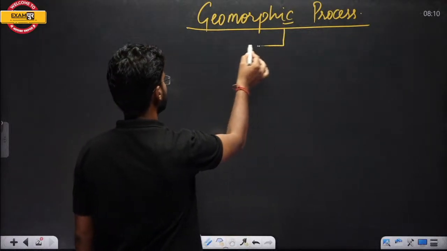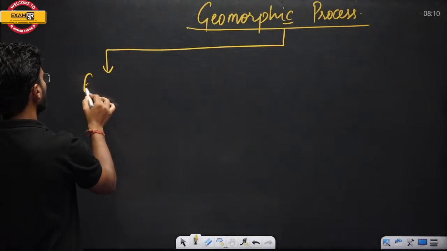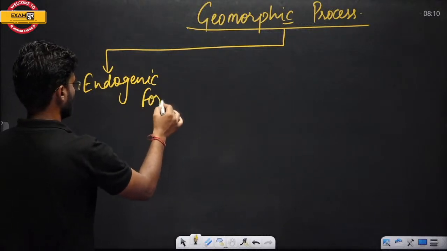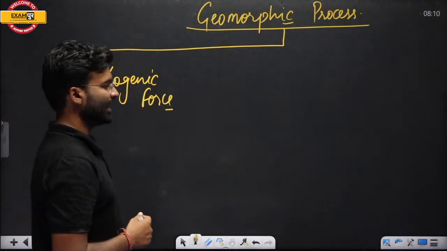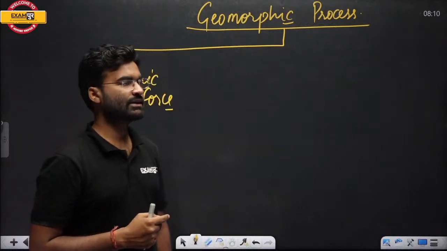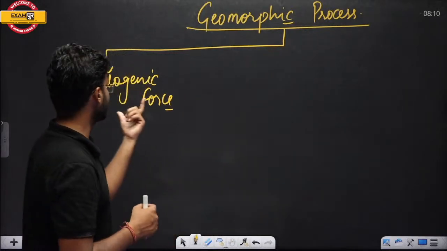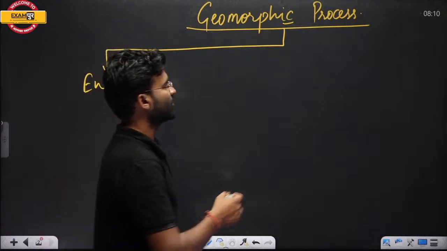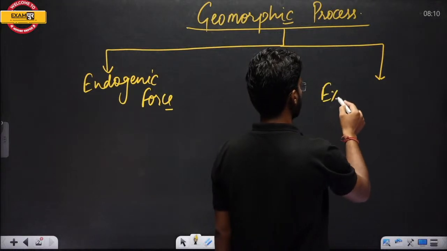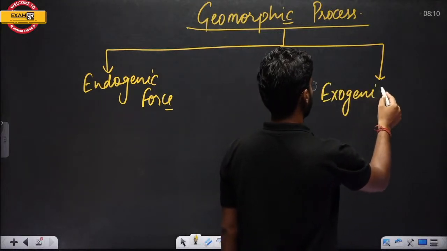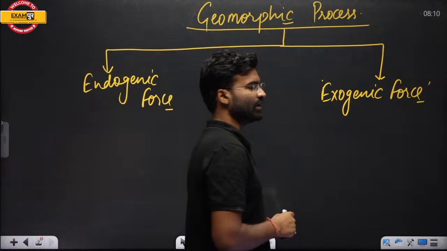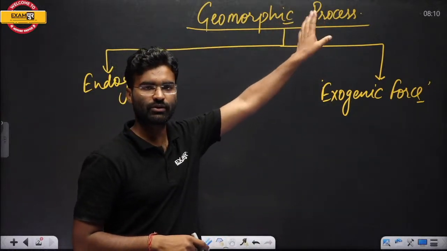The first force is called the endogenic force. The other type of force required for the geomorphic process is called the exogenic force. Endogenic and exogenic forces are the two types of forces responsible for such geomorphic processes.